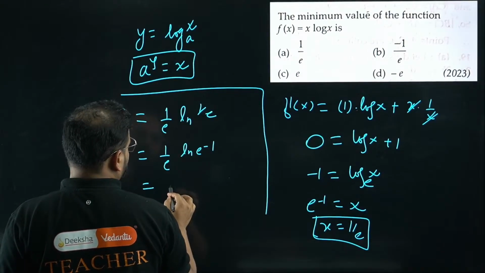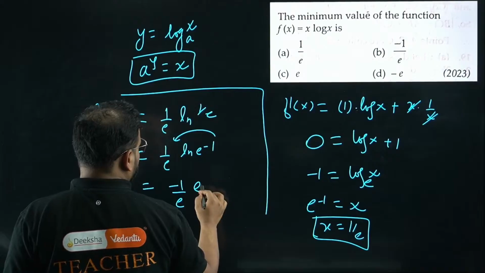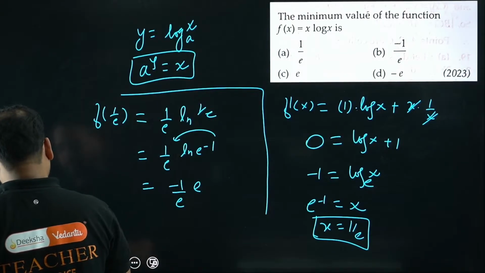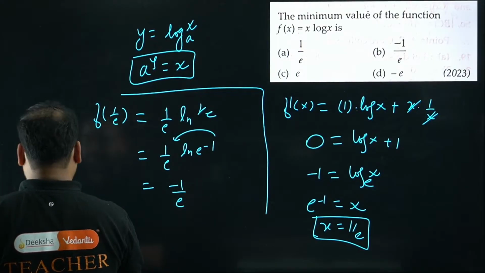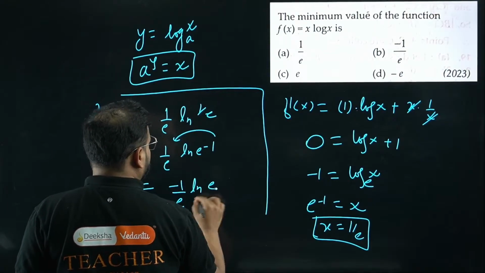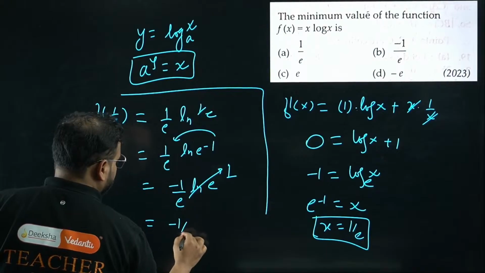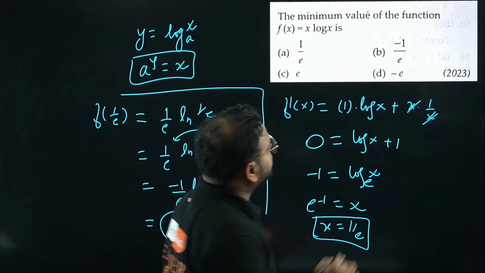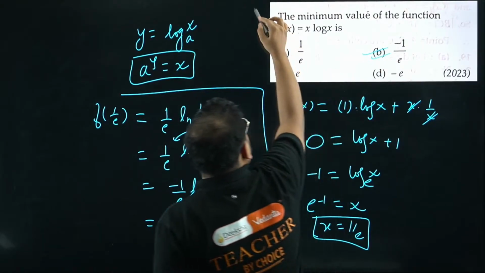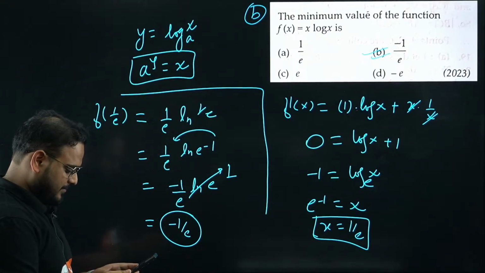I get minus 1 by e ln e. ln e is how much? 1. My answer is minus 1 by e. B is right. Please check. B is right.